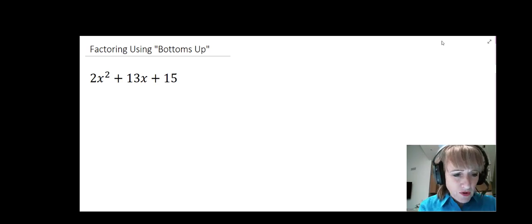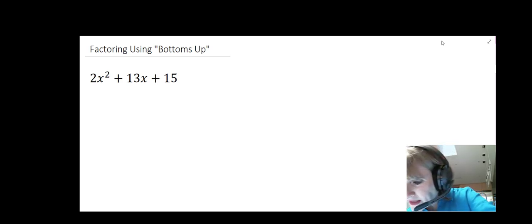The very first thing that we're going to do to factor this trinomial. Now remember, factor means to turn it into something times something.